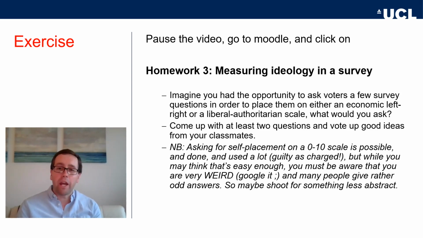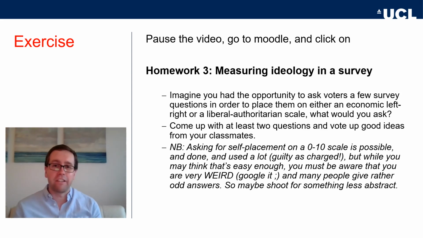You should be aware that you're very weird, and you can Google what a WEIRD sample looks like. Many people, of course, give rather odd answers. Most people are not political economy students. So maybe shoot for something more practical that gets at these underlying issues in a more practical or policy-based way that people have actual opinions on.